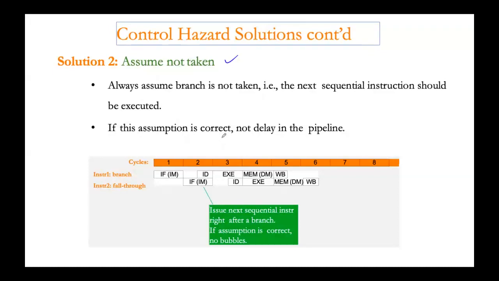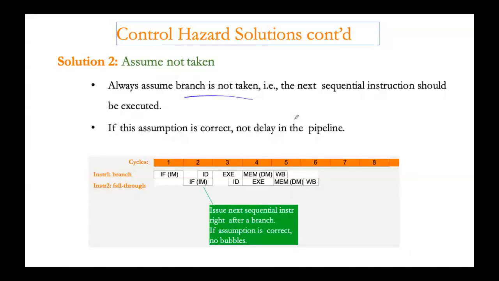This is done by flushing the instruction fetch, instruction decode, and instruction execution stages of the pipeline for the discarded instructions. So execution continues uninterrupted after the branch target. In this case, we just always assume the branch is not taken, so the next sequential instruction should be executed. If this assumption is correct, there is no delay in the pipeline, right?